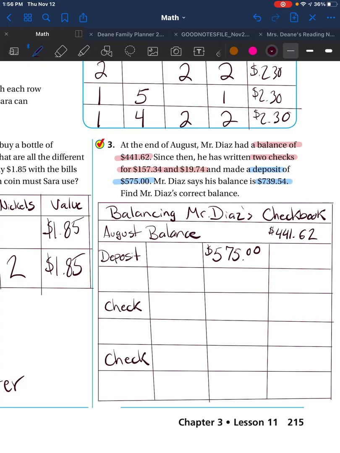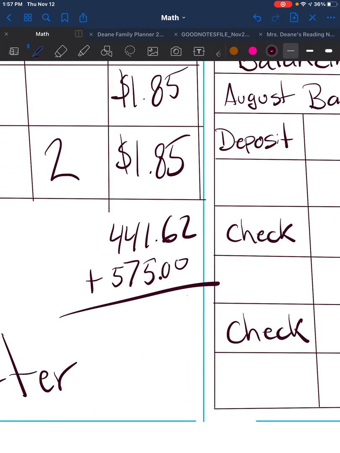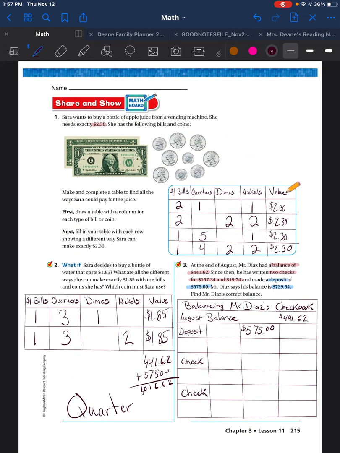So if I were to add $575 to $441.62, which I'm gonna have to do over here, I would get $1,016.62. So that amount is gonna go here because that is our new balance.